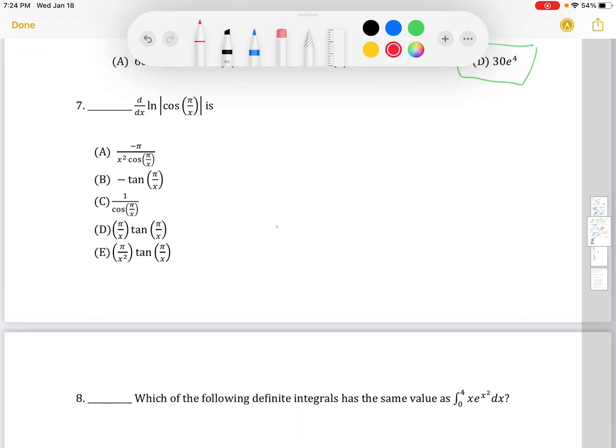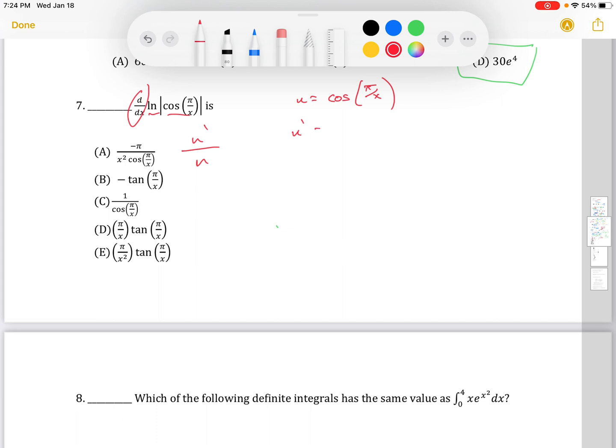In number 7, it's asking me to find the derivative of the natural log of cosine pi over x. So remember that if I want to derive natural log, I actually have to do u prime over u. And in this situation, u is the cosine of pi over x. So let's start with u prime.